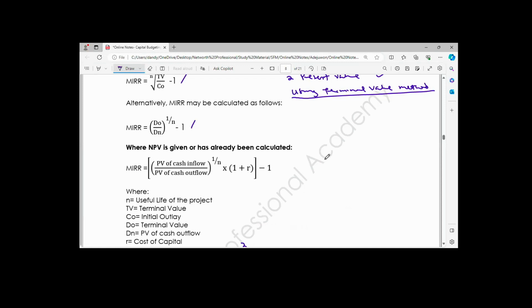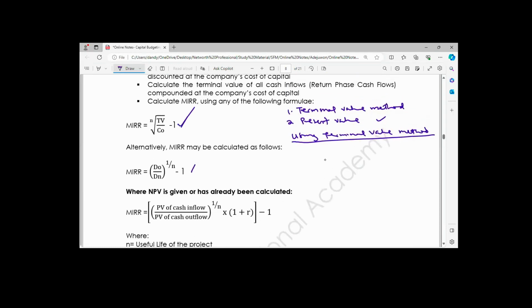To use the terminal value method, the first thing you are going to do is to calculate terminal value for each positive cash flow. Then step two, calculate the present value of negative cash flows. Then step three, you calculate the modified internal rate of return using either of the following formulas. So whatever you have will be your modified internal rate of return.